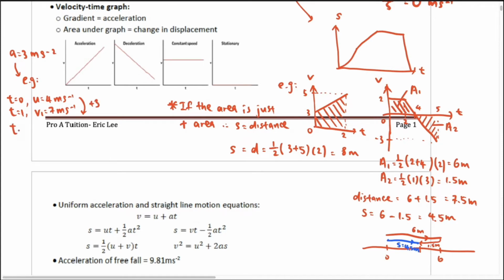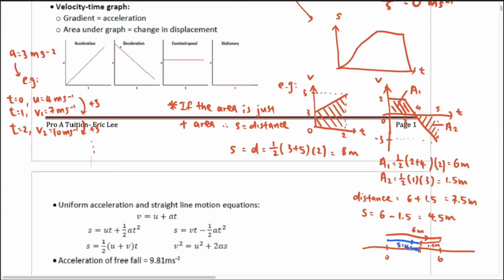So after 1 more second, you should expect it to increase by another 3. So that is 10 meter per second, and so on. So every 1 second, the speed increased by 3 meter per second. So that is the idea of the constant acceleration here.